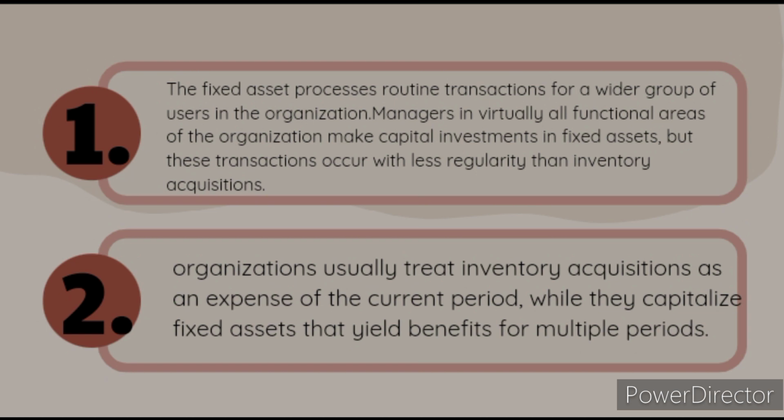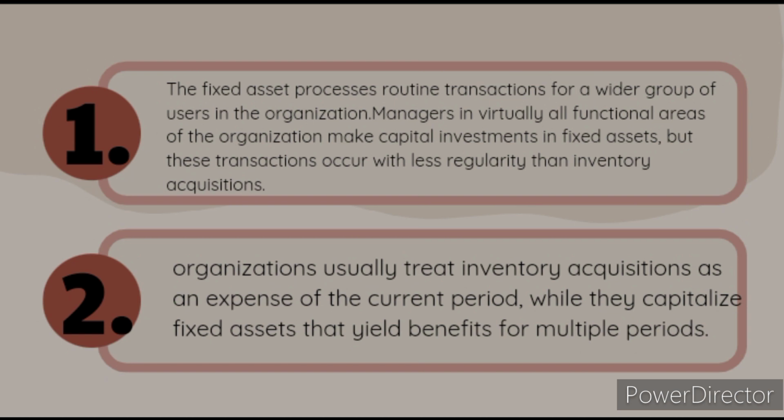Second difference between these systems is that organizations usually treat inventory acquisitions as an expense of the current period, while they capitalize fixed assets that yield benefits for multiple periods. This is because the productive life of a fixed asset extends beyond 1 year.